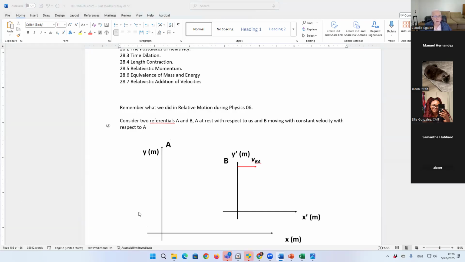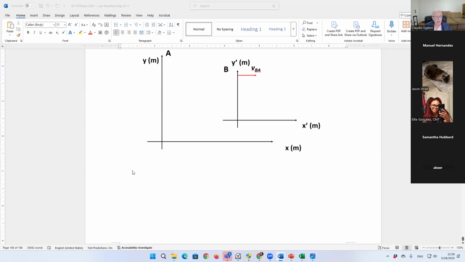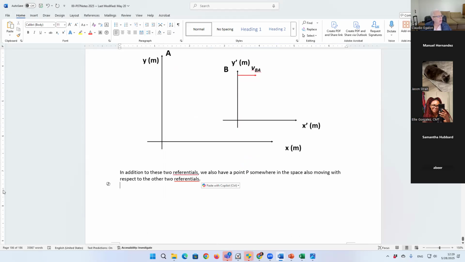So now let's add a point P to this, that observers in both referentials are observing. In addition to these two referentials, we also have a point P somewhere in space.